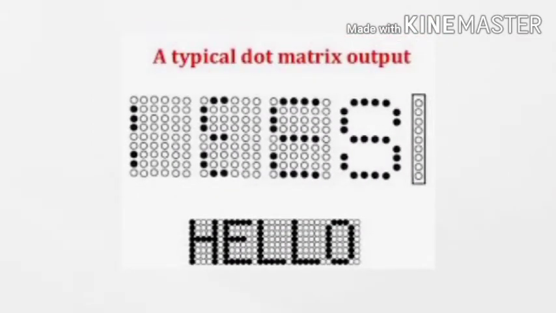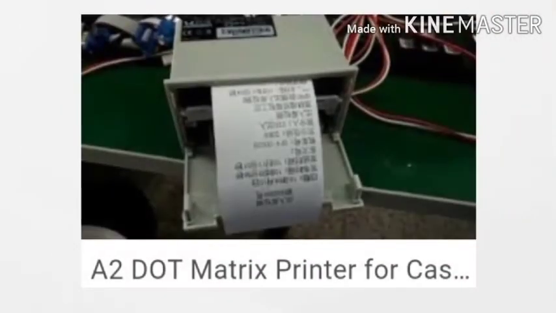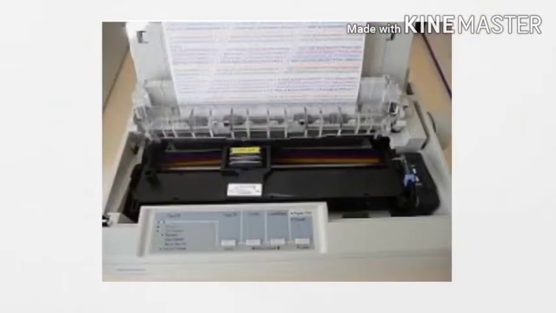You must have seen some electricity bill, or your telephone bill, or other receipts when you go to shopping malls. And you can take a very good example of air tickets. When you go to the reservation counters of railways, they have that type of printer, the dot matrix printer, and the ticket that you receive from there is in the form of dots.